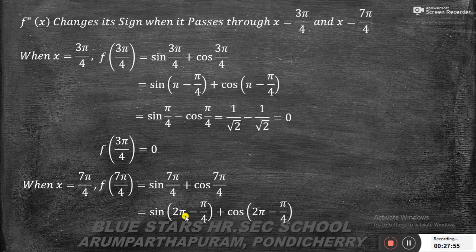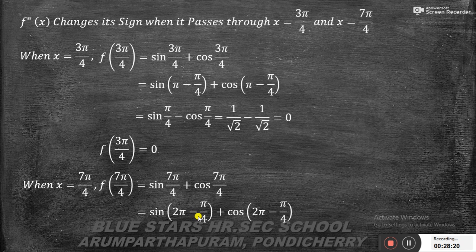In the next step, again you see which quadrant this angle lies in. So now we find the quadrant for the angle 2 pi minus pi by 4. You see there is a minus sign in the middle. Minus sign in the middle means we rotate downward, and plus sign in the middle means we rotate upward.